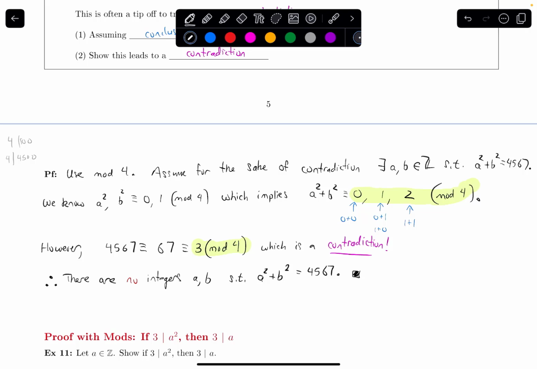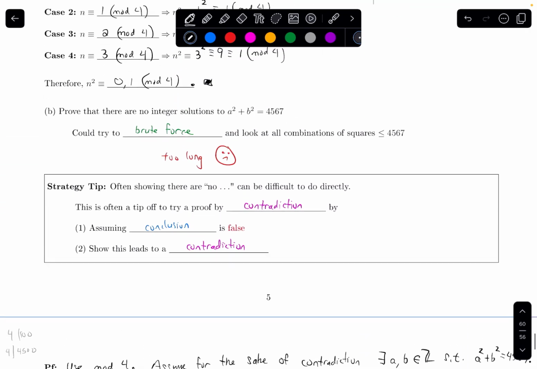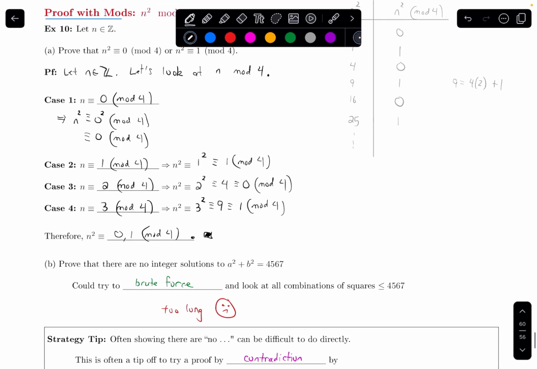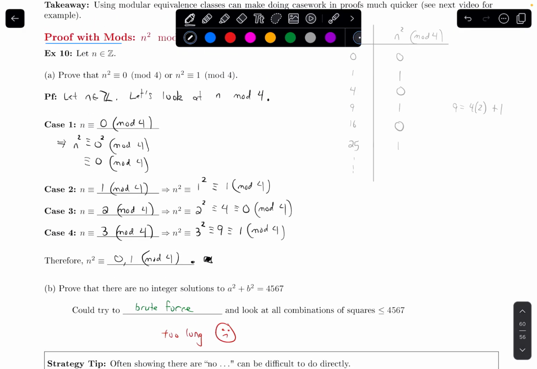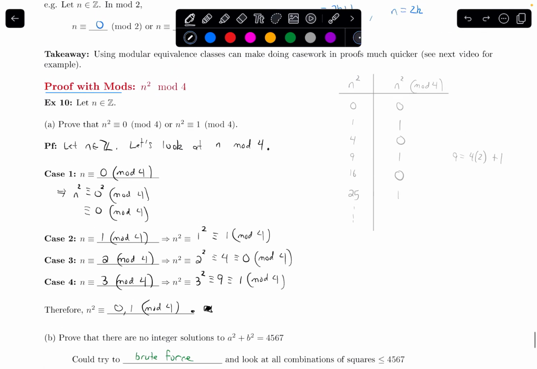So let's quickly recap one of the strategy points about this. Often when we're trying to prove that there are no integer solutions to some equation that involves powers of variables, a very common technique is to find an appropriate mod to analyze that side with.